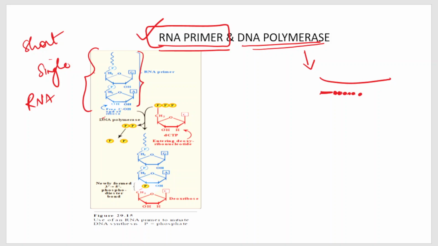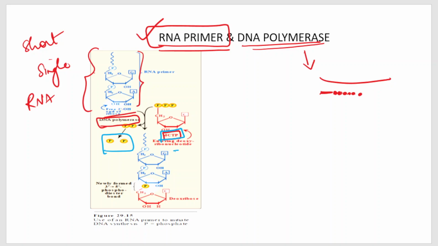To this RNA primer, the DNA polymerase can attach nucleotides, as deoxynucleotide triphosphates. As these deoxynucleotide triphosphates get attached to one end of the RNA primer, two phosphates are released. So a monophosphate is what is getting attached.